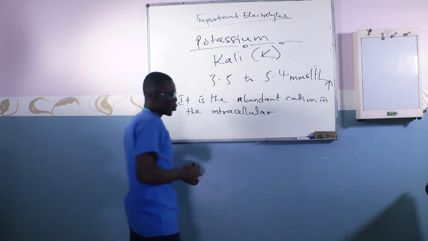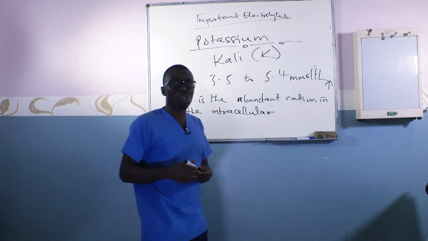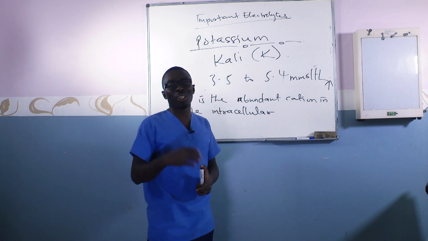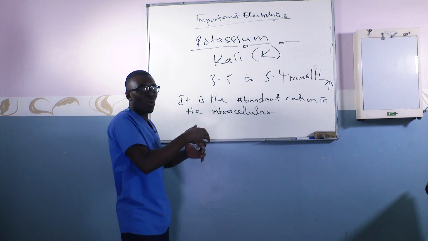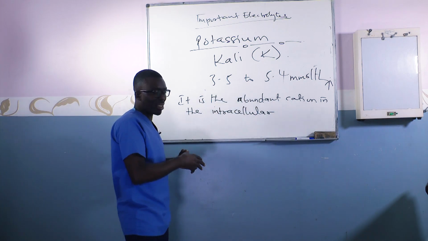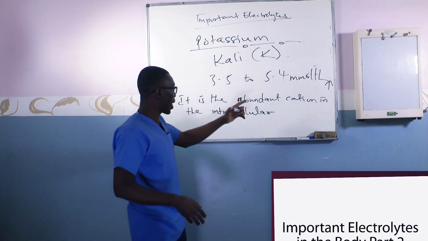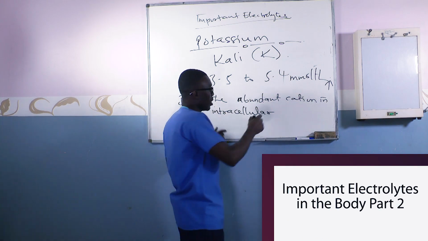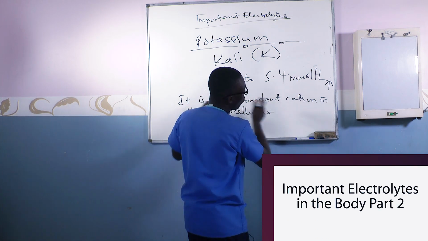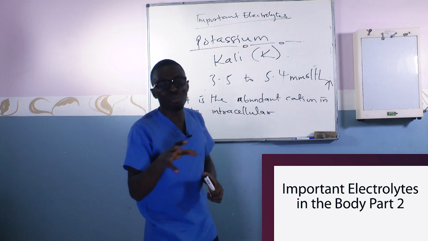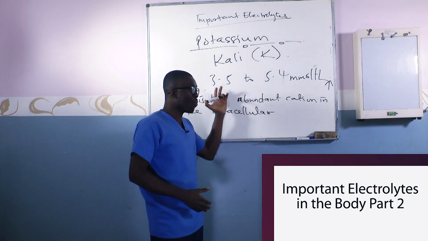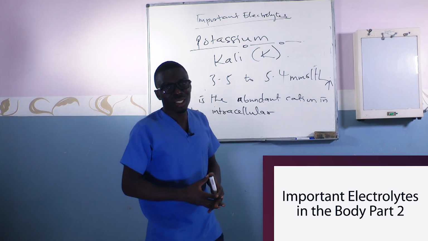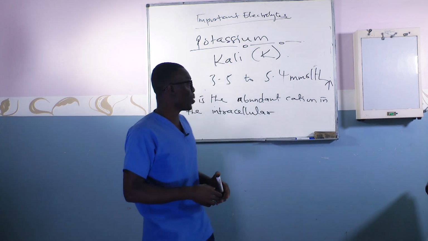When we were doing sodium, we said that sodium is the abundant cation in the extracellular. In the same way, when you come to the intracellular, or the inside part of a cell, the most abundant cation in the intracellular is potassium. So please don't forget, these are some of the basic things that are likely to be asked in exams concerning fluid and electrolytes imbalance. Very, very important.